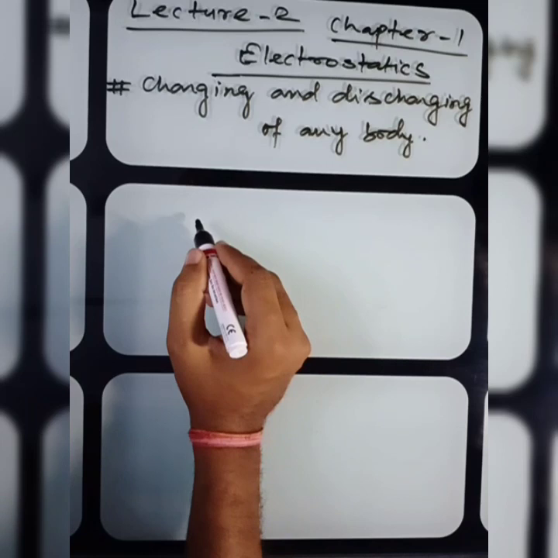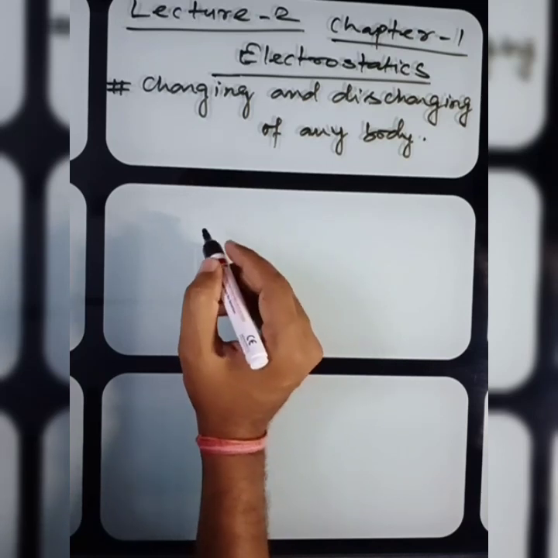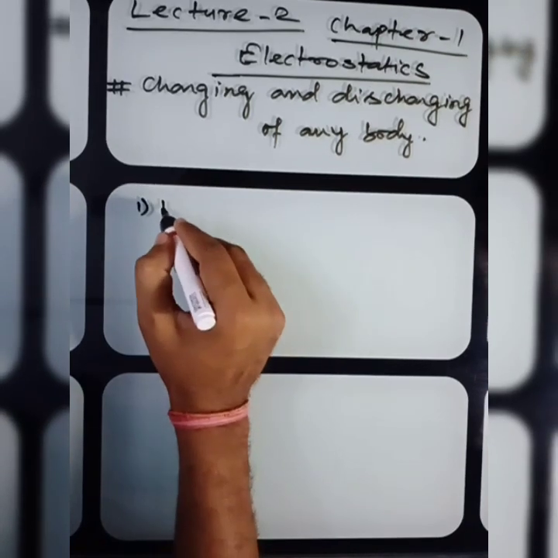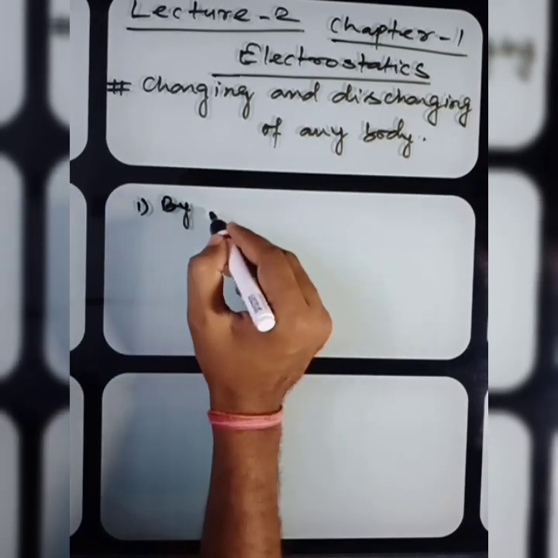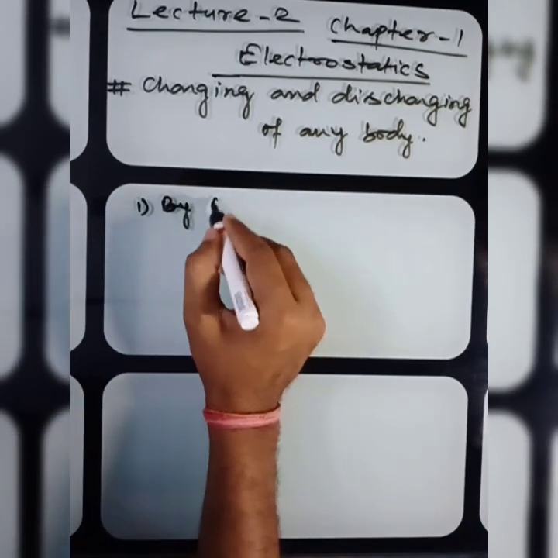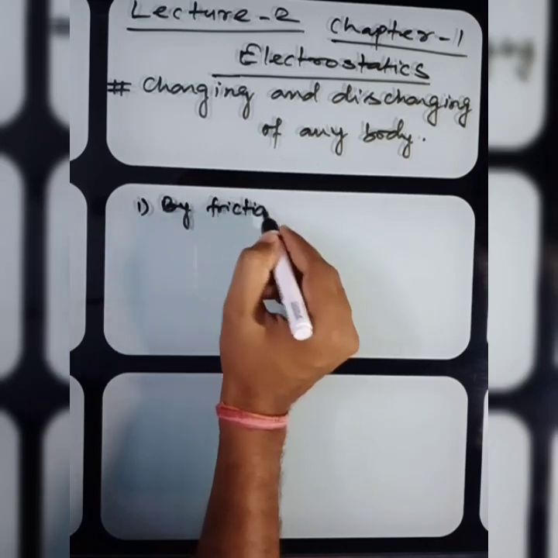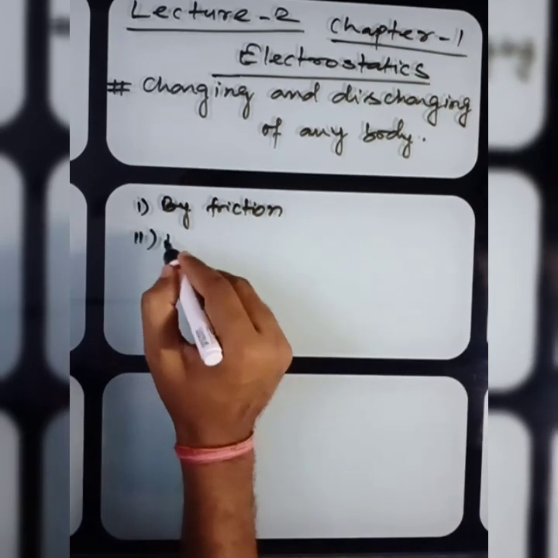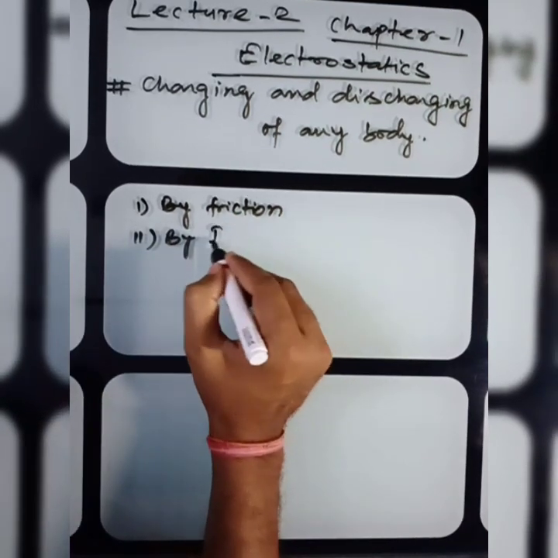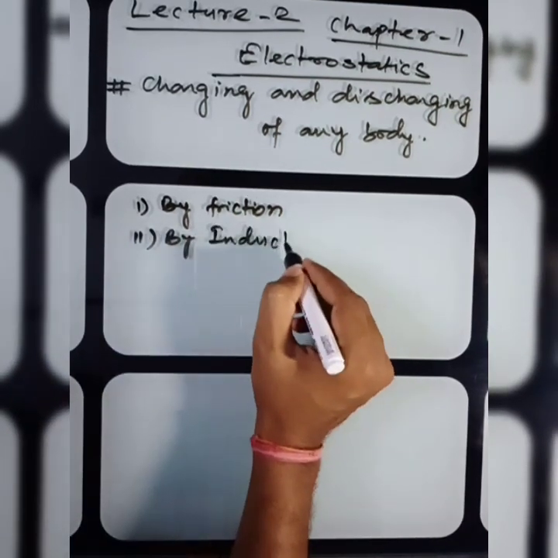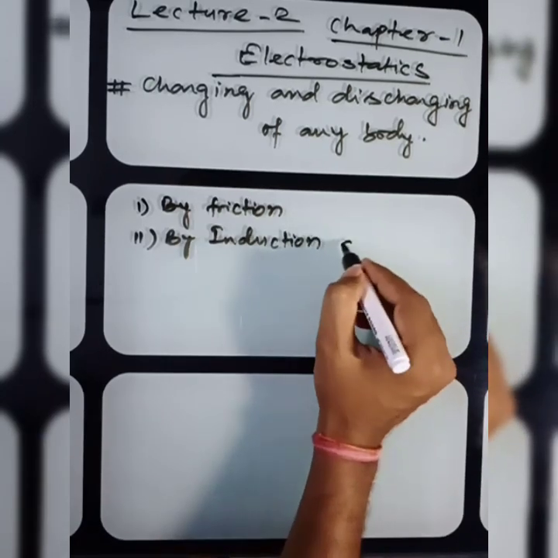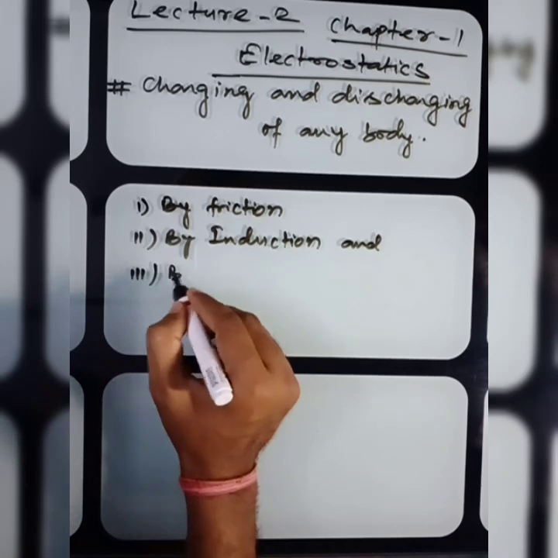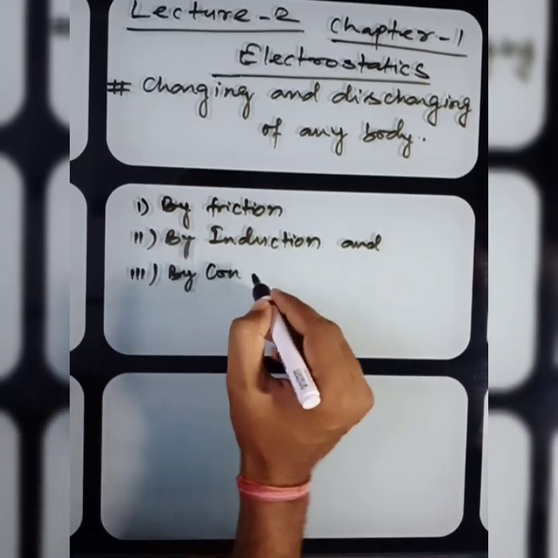So students, a body can be charged by 3 methods: first, by friction, second, by induction, and third, by conduction.